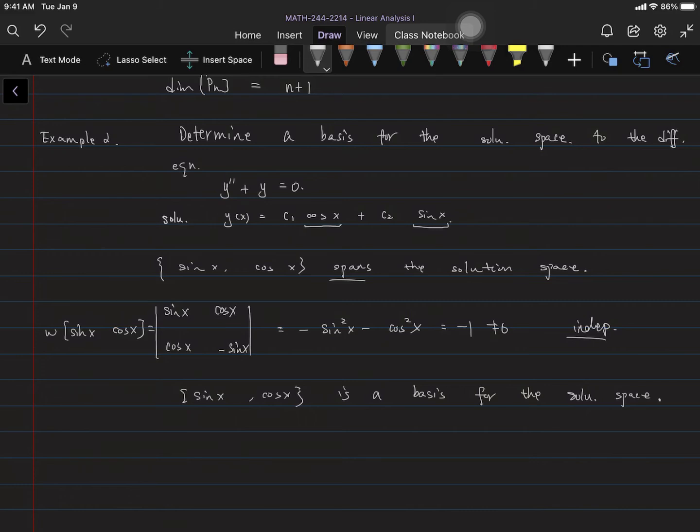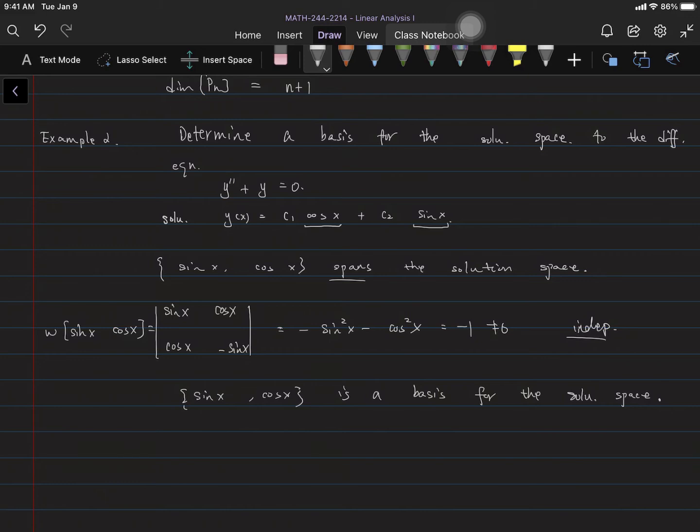That's why we want to learn all this stuff, independence, span, and basis, because in the future we are going to solve all kinds of differential equations, and we just want the simplest, or minimal, solution set. That means all the solutions can be expressed by sine and cosine.